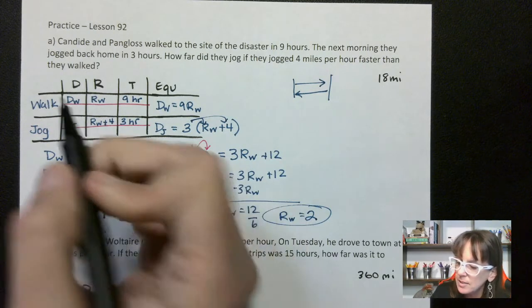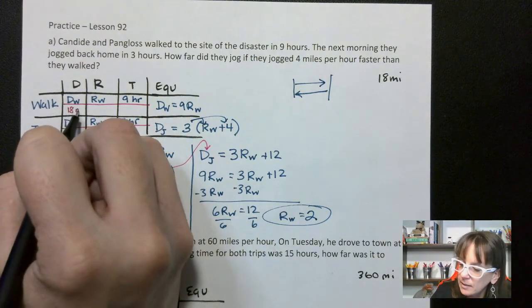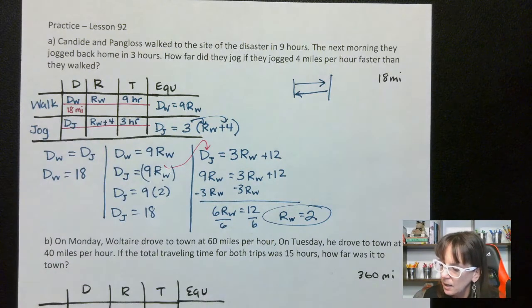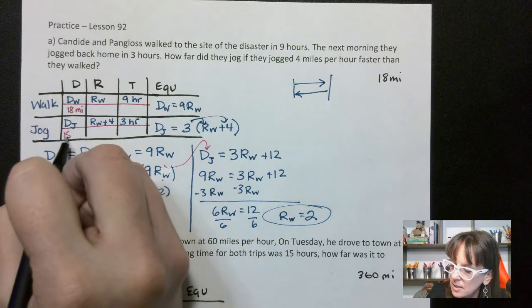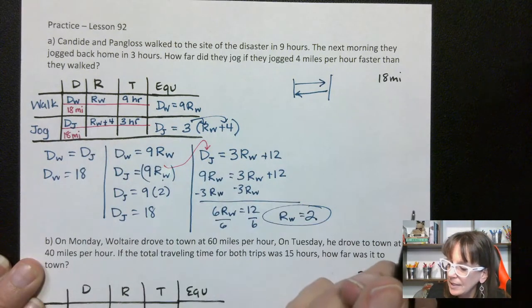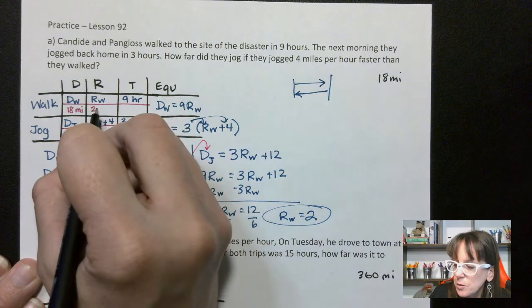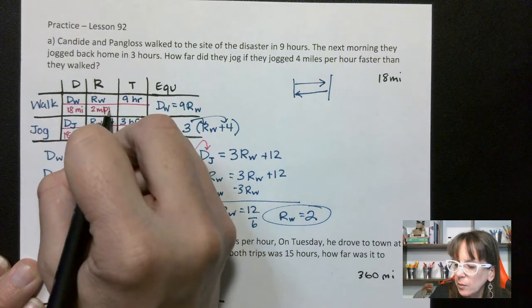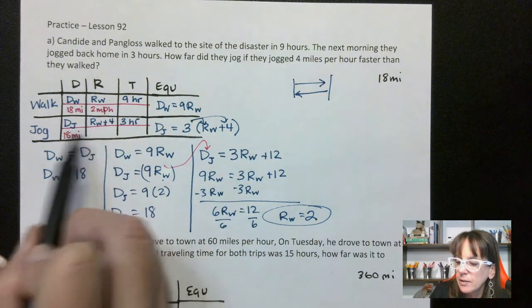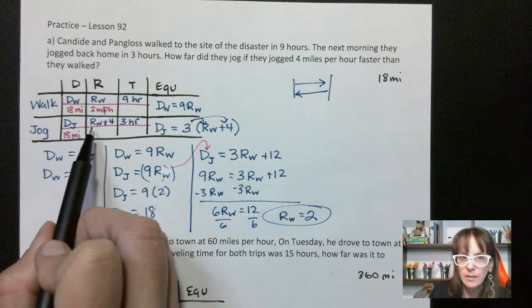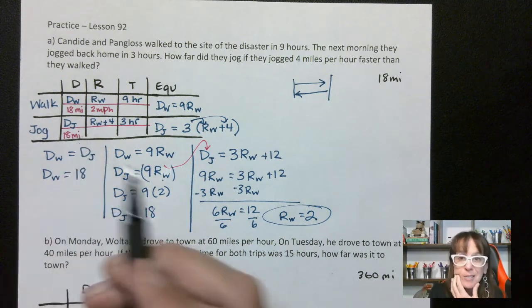We got dw is 18 miles because we're talking about miles. dj is also 18 because it's the same distance, 18 miles. The rate rw was 2, so this was 2 miles per hour, and then they jogged at the rate that they walked plus 4.